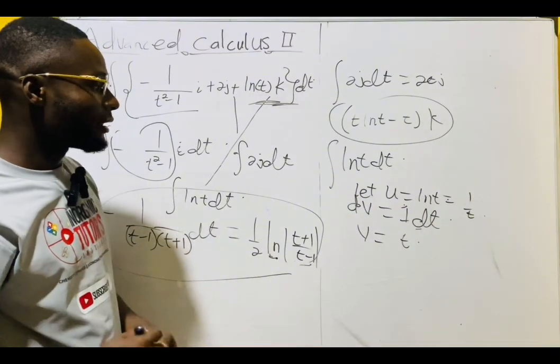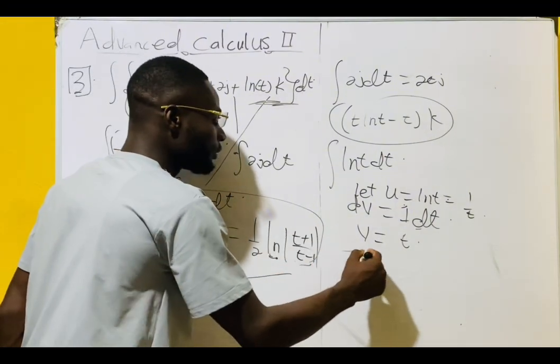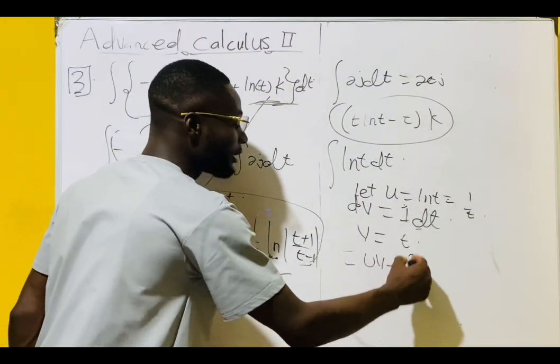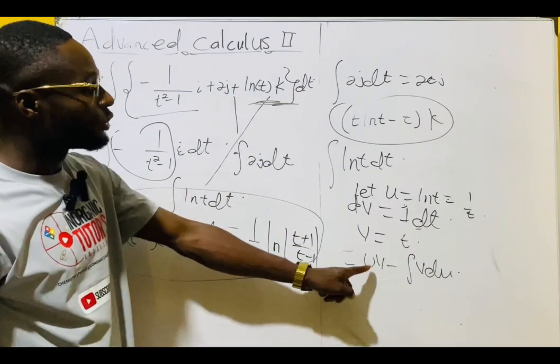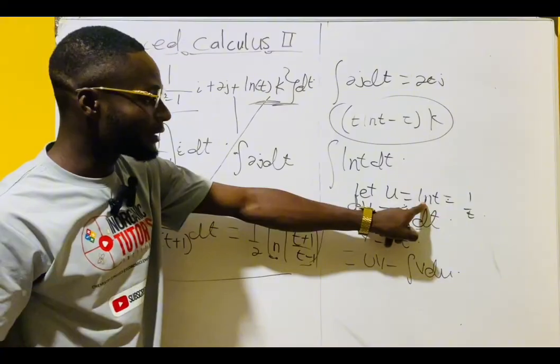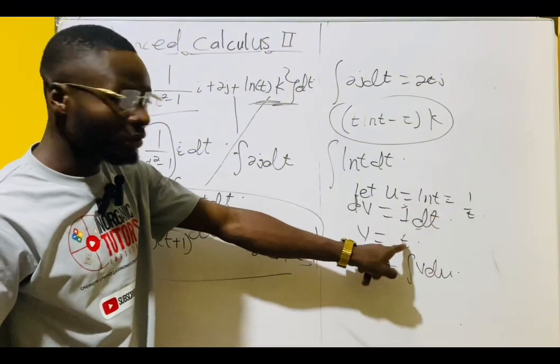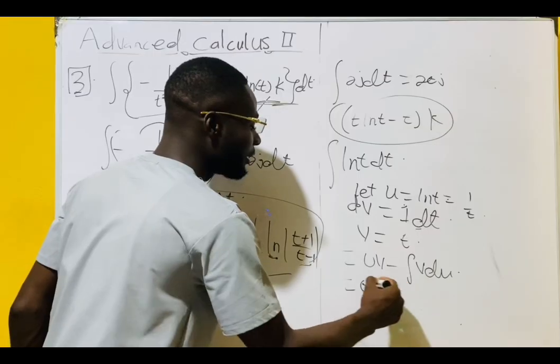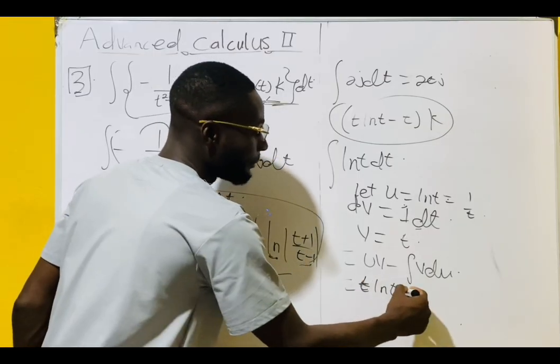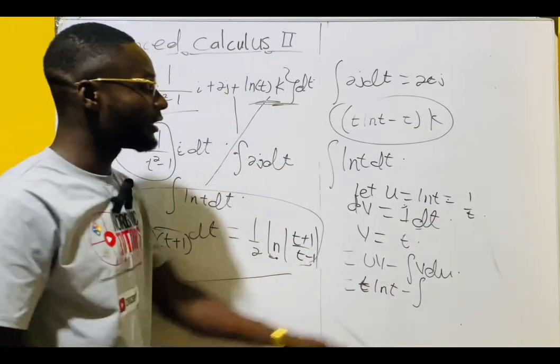And we know that the formula is uv minus the integral of v du, right? So u is ln t, v is t. So we're going to have t ln t minus the integral of v du.